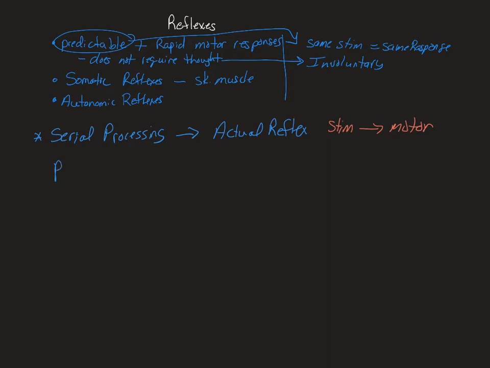But you need to understand that your reflex has occurred. So often we have what is called parallel processing, and actually I want to leave some space for some notes up here. We have what is called parallel processing. So the actual reflex occurs, but then you need to tell your brain it happened.